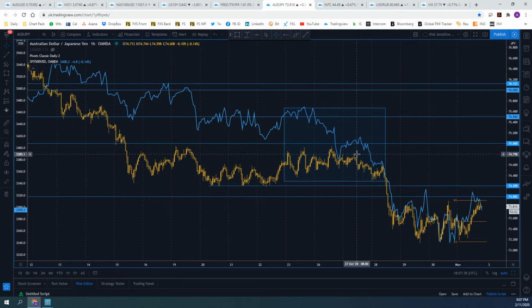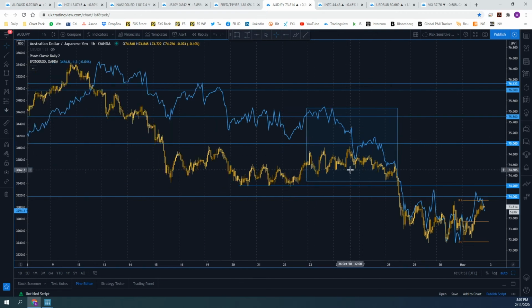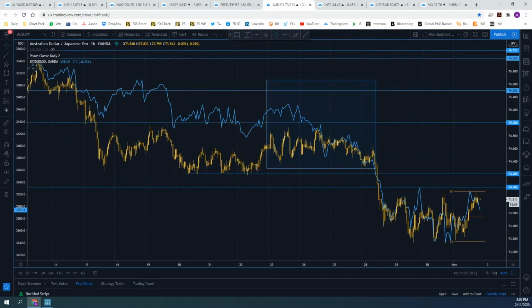And that can create some trading opportunities, but it's important with these types of trades to be able to realize in those scenarios which outcome has the higher probability. So, for example, in these moves we had with equities and the Aussie yen, a novice trader might spot the disjointed moves.